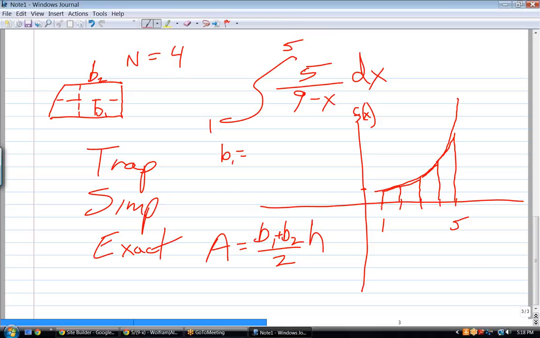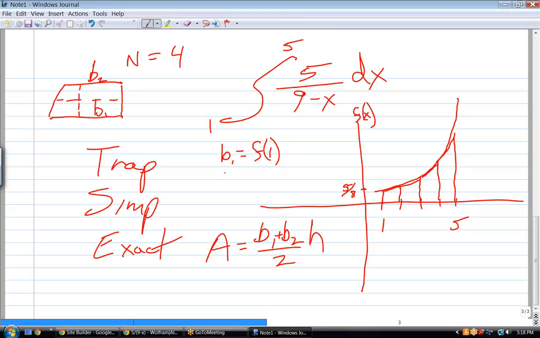Well, that's where it begins, but this measurement is f of 1. So base 1 is f of 1. You see why? When I plug in 1, I get 5/8. So on the y-axis, this is 5/8. So base 1 is 5/8.